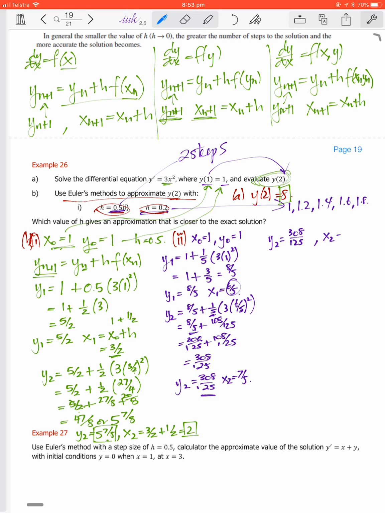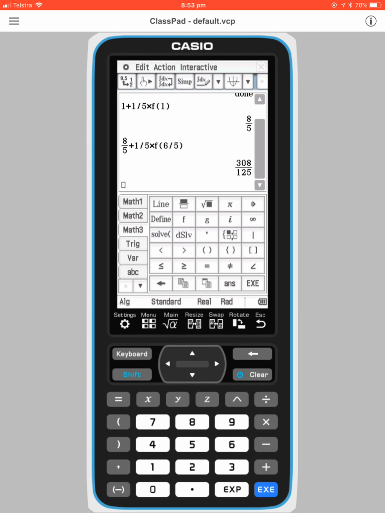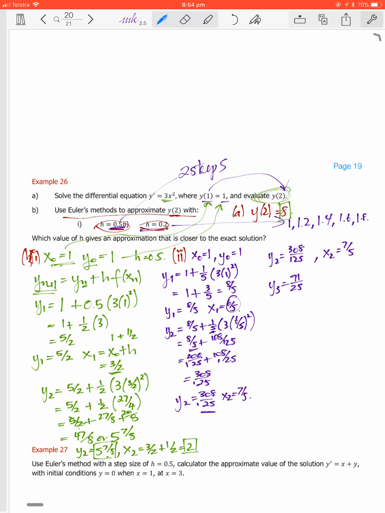Now I want to work out y3. So y3 is going to be my last y value plus 1 over 5 times f of 7 on 5, my next x value. So here I did 6 on 5, now I do 7 on 5. I get 91 on 25. So y3 is 91 on 25.